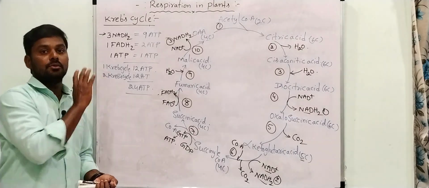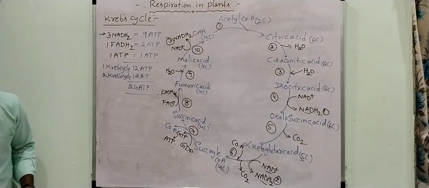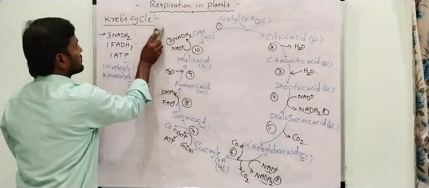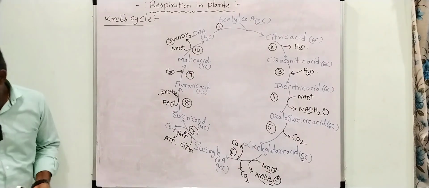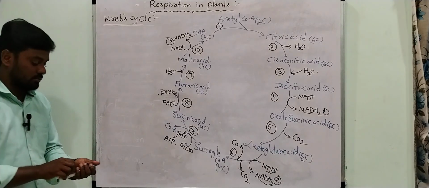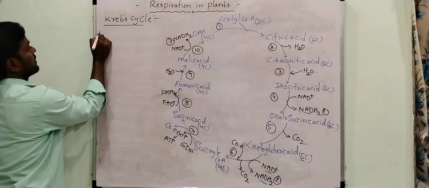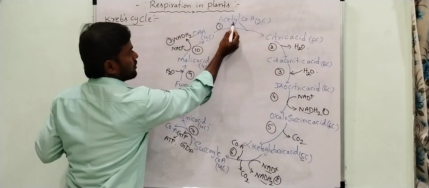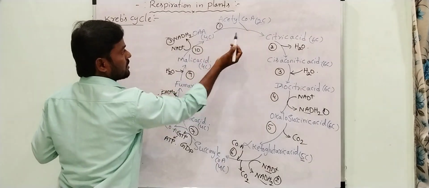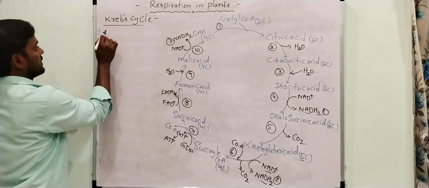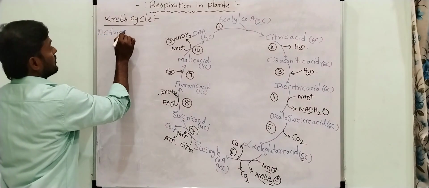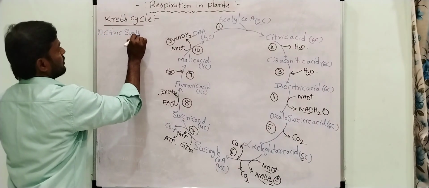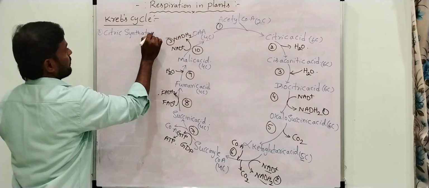Next I will tell you the 10 enzymes in this Krebs cycle. First enzyme: acetyl coenzyme A condenses with oxaloacetic acid to form citric acid. That enzyme is citrate synthetase.